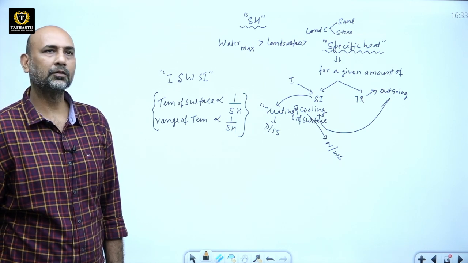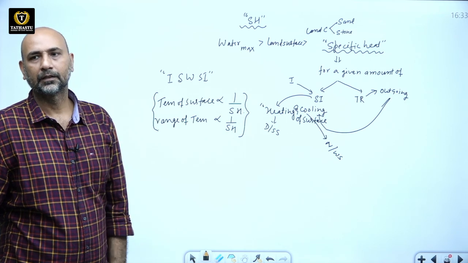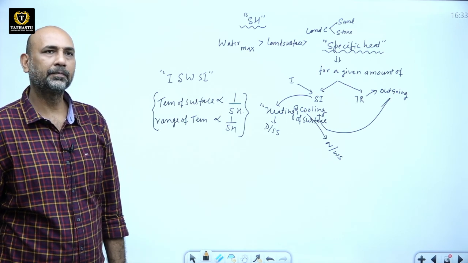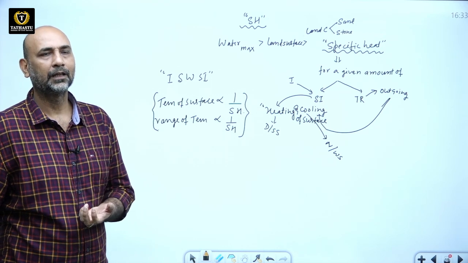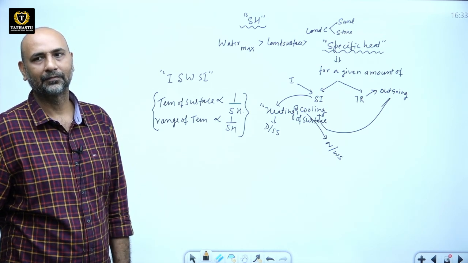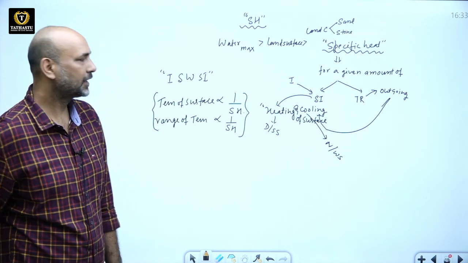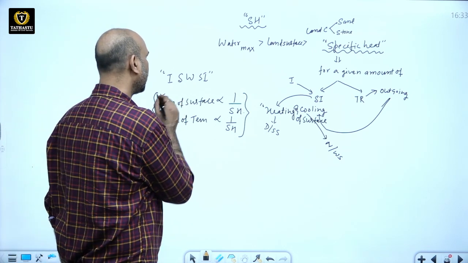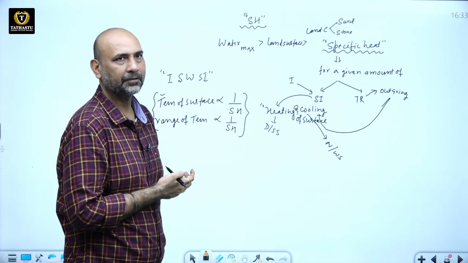Shall I draw the conclusions? We need these things, but we do not need to write them in the mains. These are part of the basics, like while you are studying mathematics in higher studies, every time you do not write that sin theta by cos theta is tan theta. Okay, now just these two things. Temperature of a given surface is inversely proportional to specific heat.